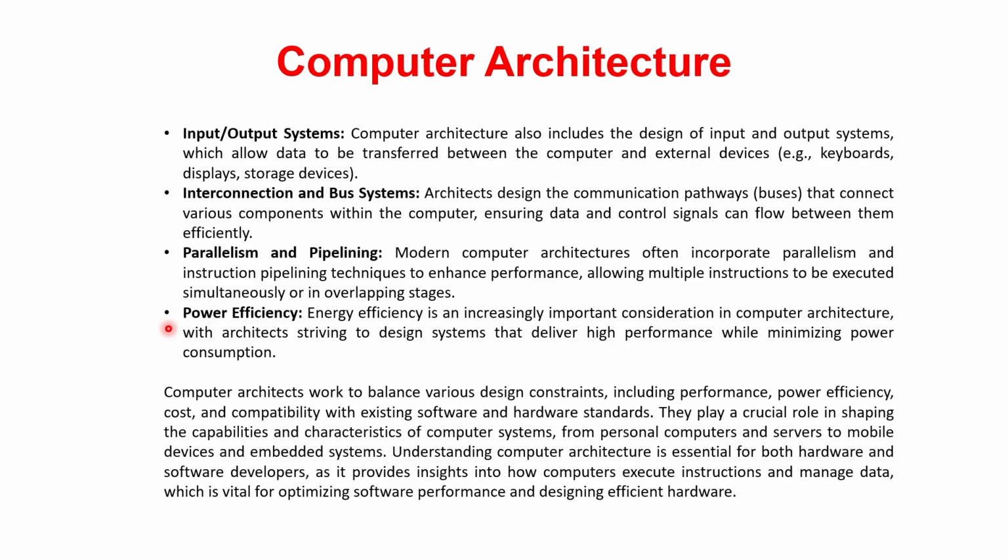Since you know that with the advent of machine learning algorithms, AI and blockchain, it all requires a lot of computation power, and that computation power needs power. That's why architects tend to develop systems which are power efficient, so they can perform high execution efficiently. So computer architects balance design constraints like performance, power efficiency, cost, and compatibility.